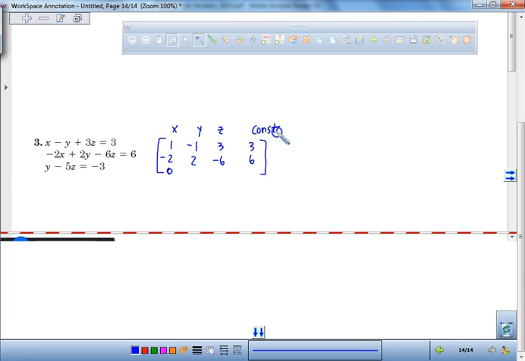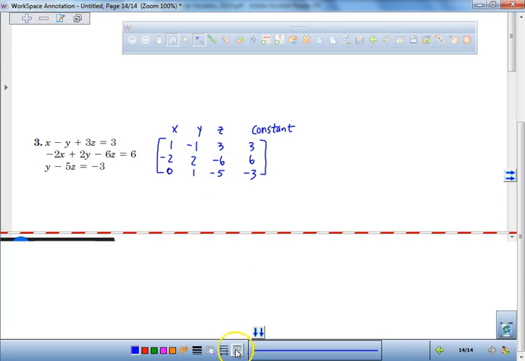Your constants that those are equal to. So we got 0 X's, we've got 1 Y, we've got -5 Z's, and it's equal to a what? -3. So those are the numbers that we have to use in our new matrix, okay?